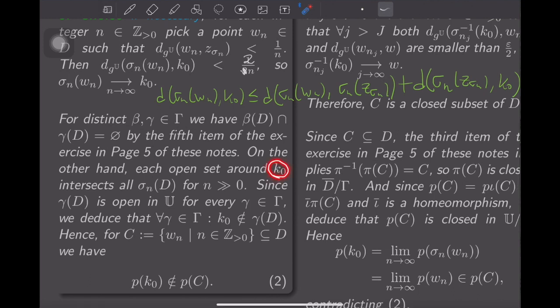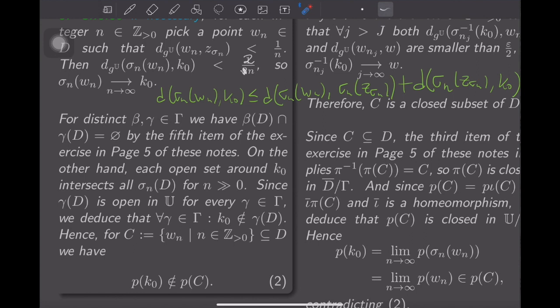Okay. Now, on the other hand, around this point k naught, it intersects all sigma n's of D for all n's sufficiently large, right? I mean, this is not formally written here.